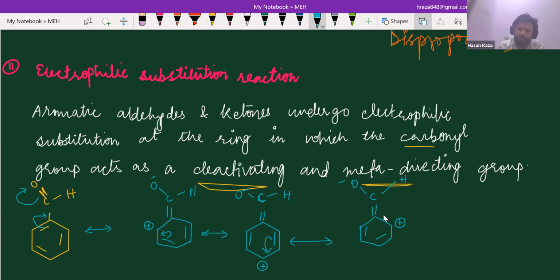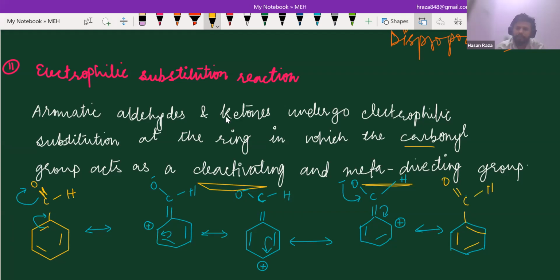And then this moves to this side and this moves to this side. So can you see what is the position of this positive charge? Oh, wait a minute. What is the position of this positive charge? This will move here, here, and this again as it is.